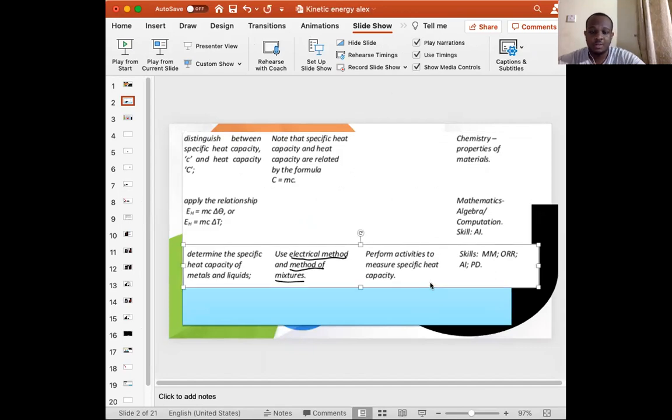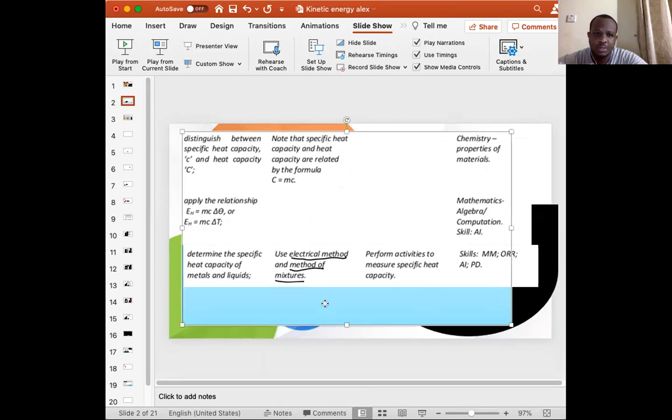All right, so the first objective that we want to complete today is to distinguish between specific heat capacity and heat capacity, and also to apply the relationship: heat energy is equal to mass times specific heat capacity times the change in temperature. We won't be able, based on time, to look at the heat capacity of metals and liquids. So mainly we'll be focusing today on the first two objectives.